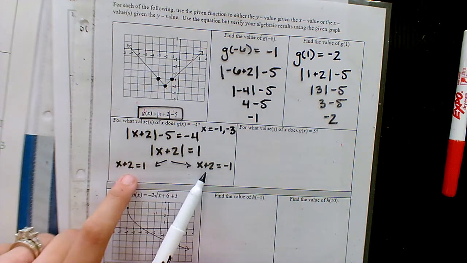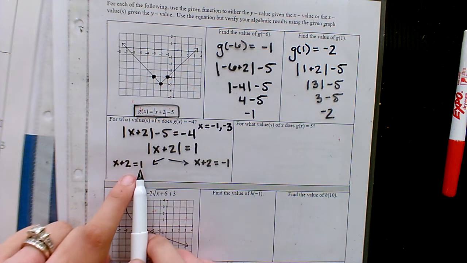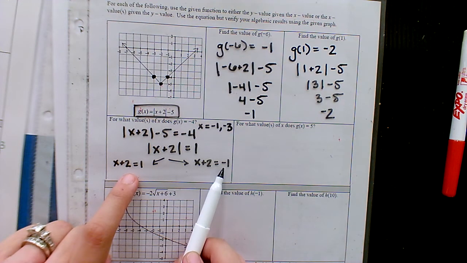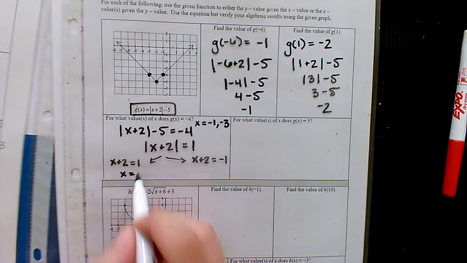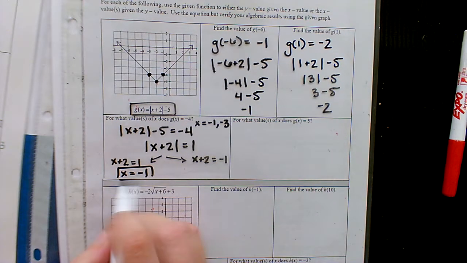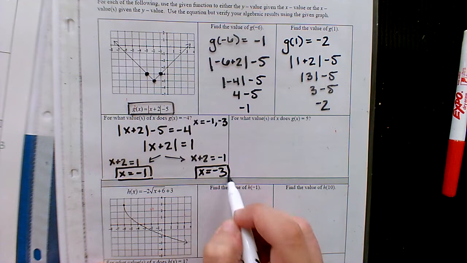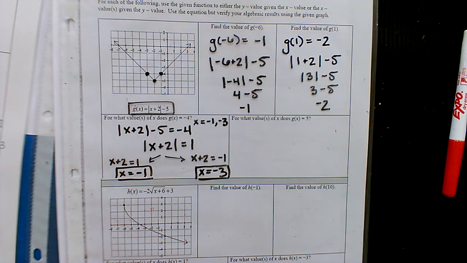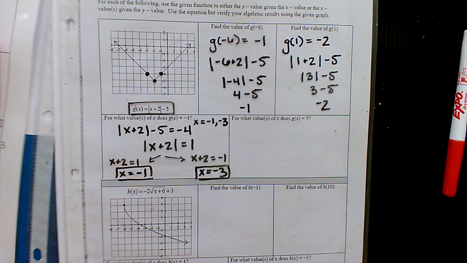So we're going to have two outcomes here, whether we plug something in that's positive or something that's negative. So that's why we keep a positive one or we switch it to a negative one. So if we subtract the 2, we get negative 1. And if we subtract the 2 on this one, we'll get negative 3. Notice how we can algebraically confirm what the graph is telling us.